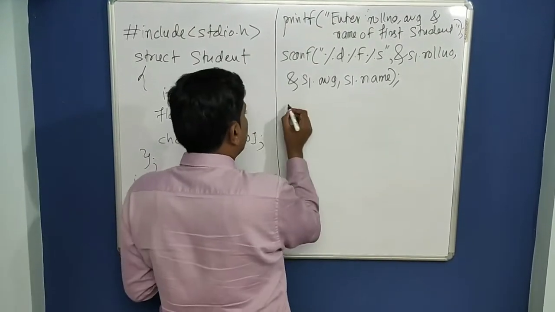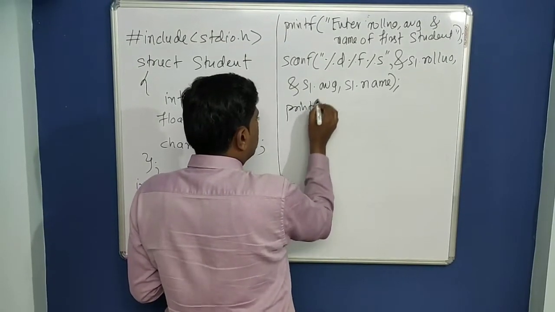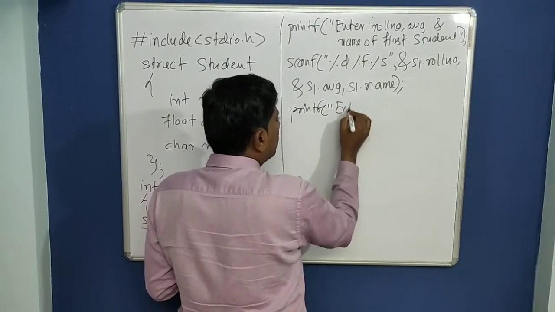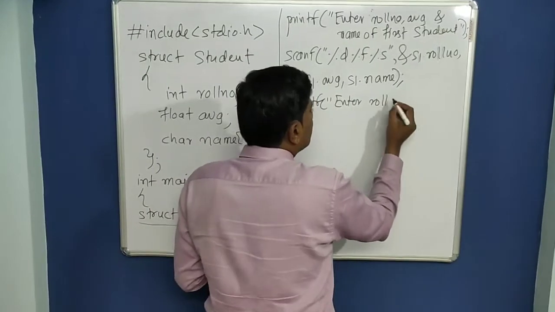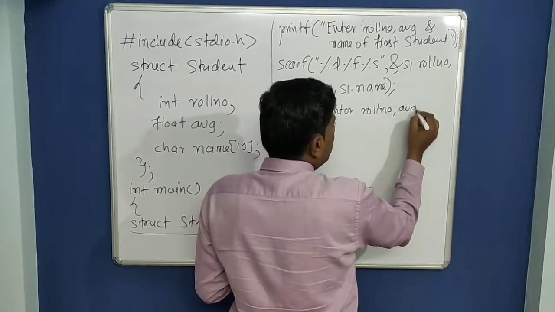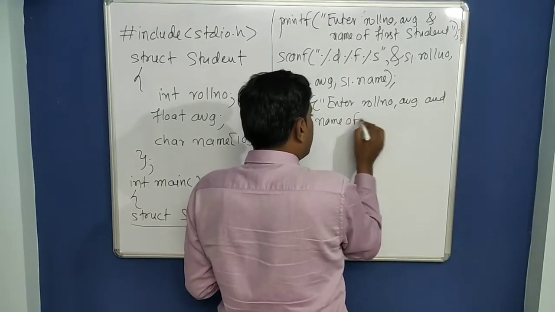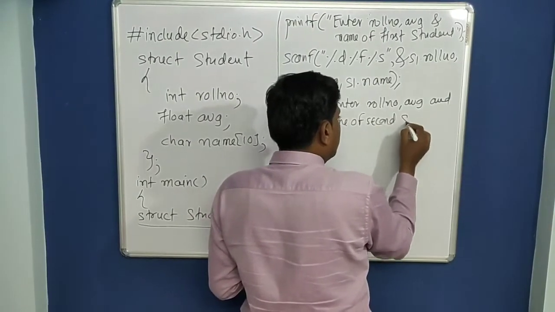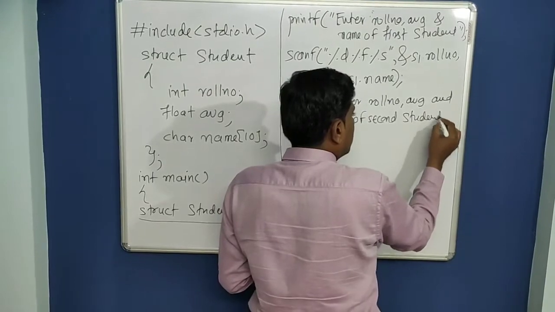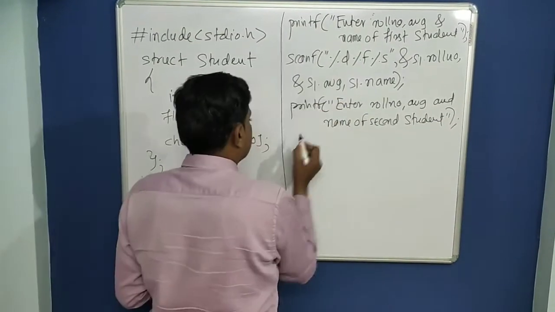In a similar way you can read information of the second student. So printf: enter roll number, average and name of second student, then scanf.